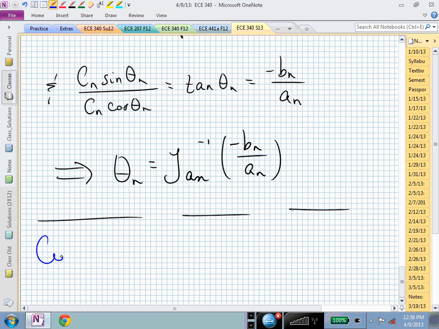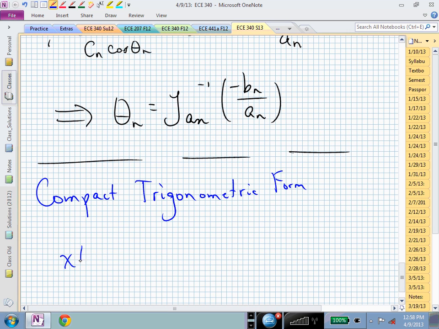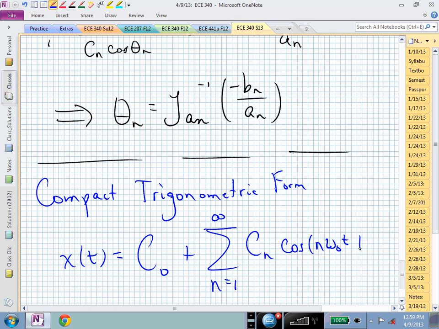You can now say, oh, the compact trigonometric form of the Fourier series is now going to say x of t is equal to, we'll just call the DC offset capital C sub 0, plus this sum from n equal 1 to infinity, capital C sub n, cosine, here are our harmonics, n omega naught t, plus theta sub n.